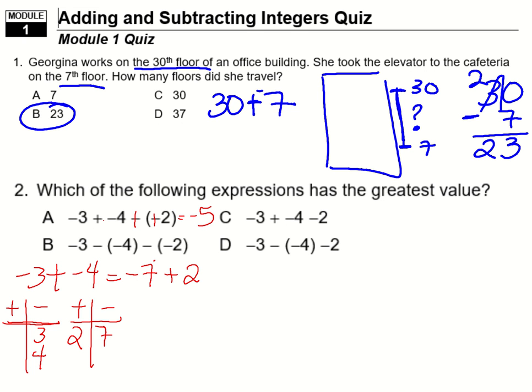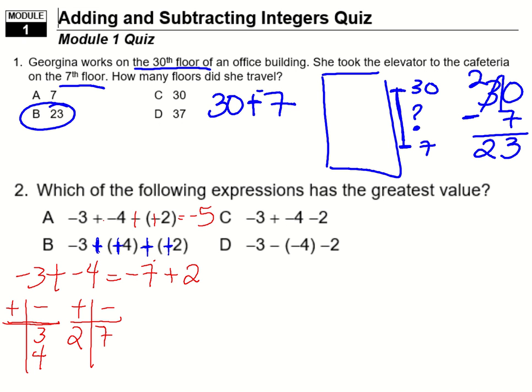Now let's do B. B, I'll use blue. So -3, add the opposite because it's a minus. Now it becomes +4. I'm going to also add the opposite here because I want to change all those subtractions to addition. Okay, so remember I kept, changed, changed, and then I kept, changed, changed.